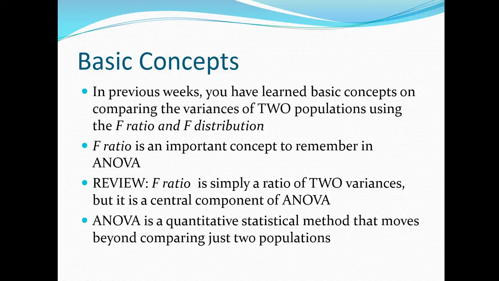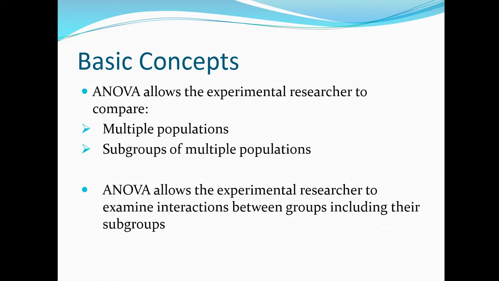This is a statistical method that moves beyond comparing just 2 populations, or just comparing 2 means of a population. ANOVA allows the experimental researcher then to compare multiple populations, subgroups of multiple populations.